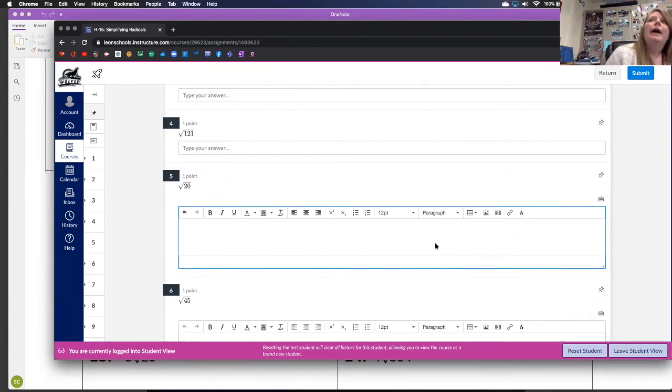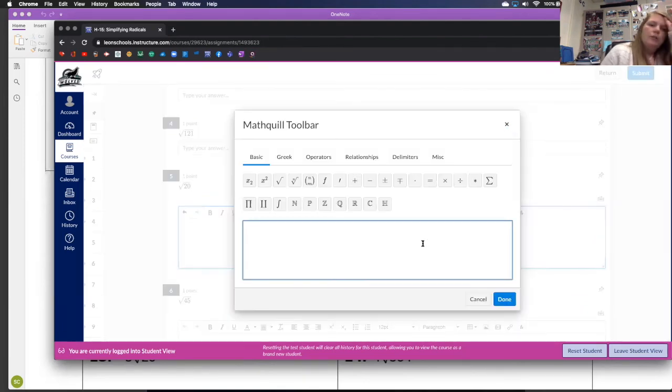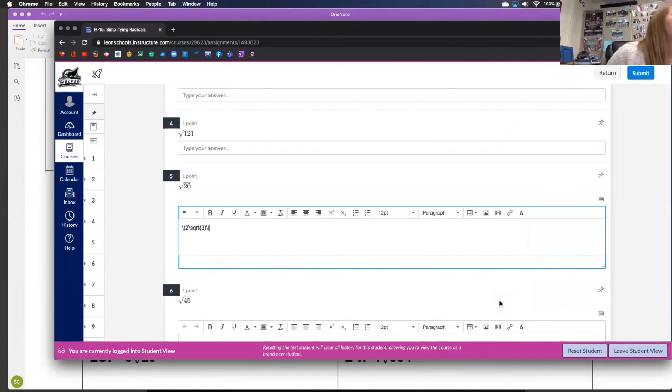If you click that, let's say I want to enter the answer 2 square root of 3. I would type a 2, then a square root button, then a 3, and then I click done. When it inserts into Canvas, it looks real weird, but that's okay. When it sends to me, it will send properly like you had it in the other window, okay? I just want to make sure you saw that was there.